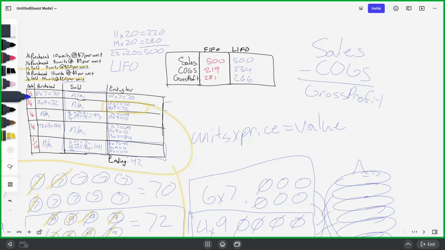Now, investors typically, if companies are trying to appease investors, they're going to use FIFO. Most people for taxes want to use LIFO, and that's why we get into the LIFO conformity rule too, which states if you use LIFO for taxes, you have to use it for financial statements. You can't switch them up, because they don't think it's right.